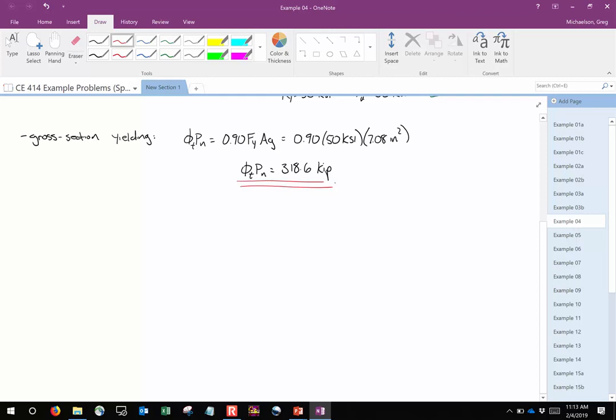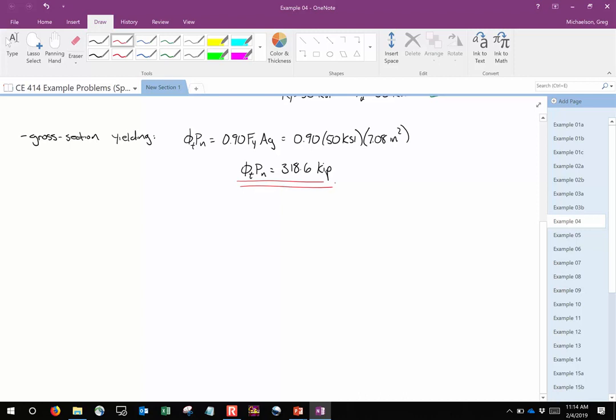So I propose that I get this tension member, this 40-foot long W8x24, and I start yanking on it, it experiences yielding at 318.6 kips, adjusted by resistance factors. So this is our design axial capacity according to the limit state of gross section yielding.